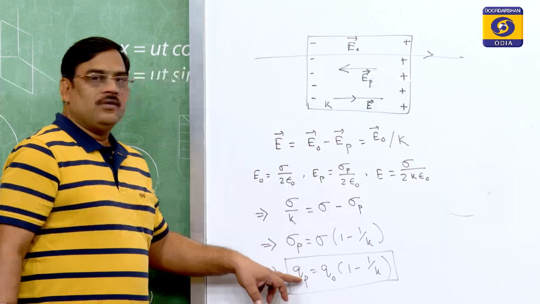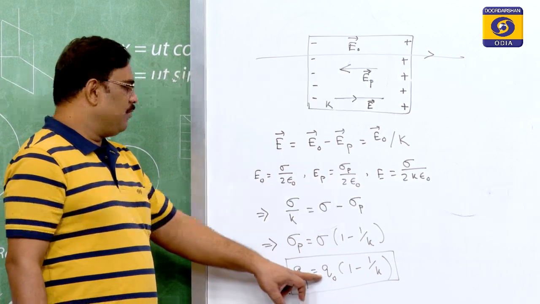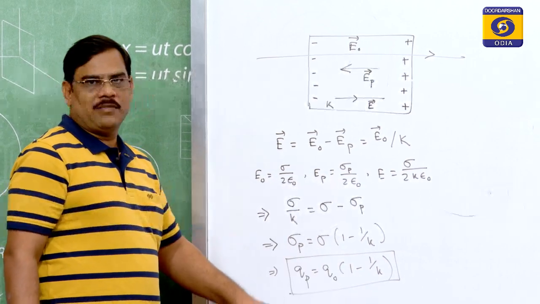So, the charge developed due to polarization is equal to Q0 into (1 minus 1 by K).